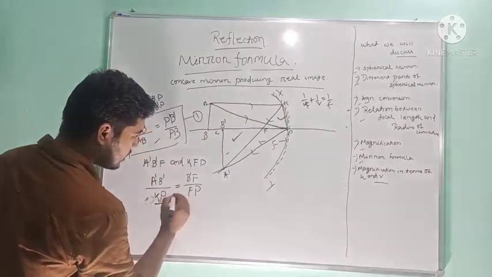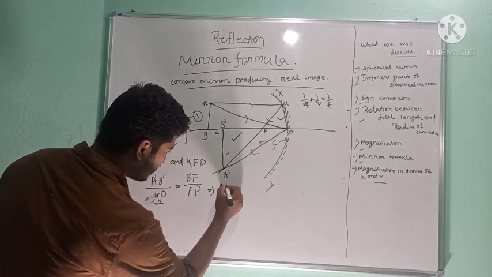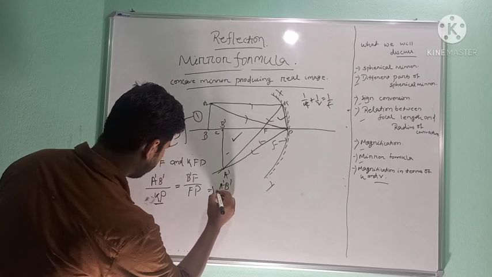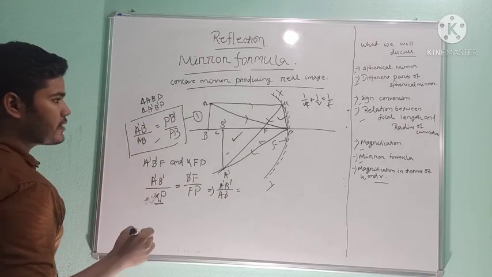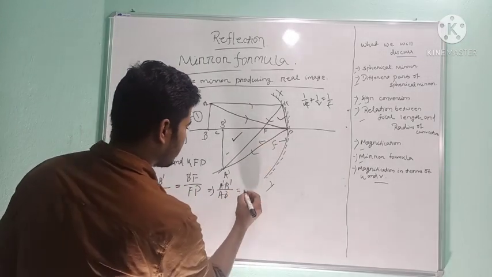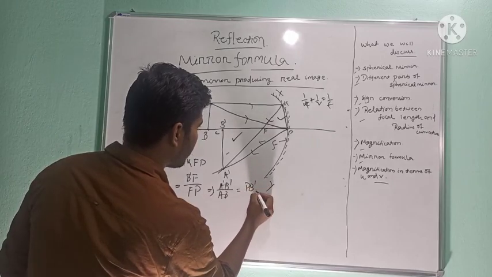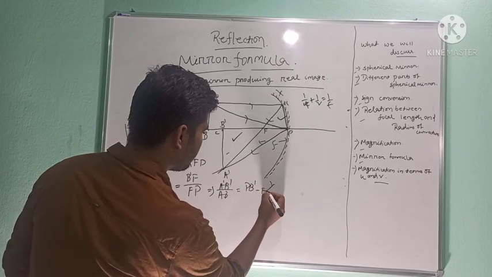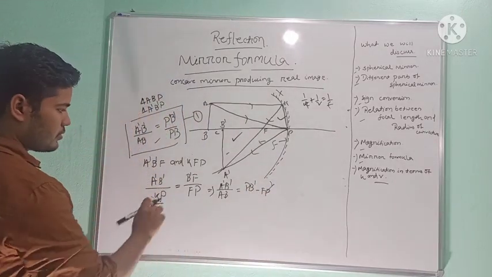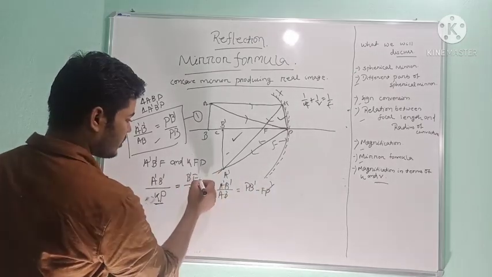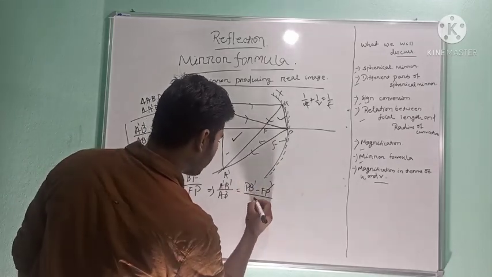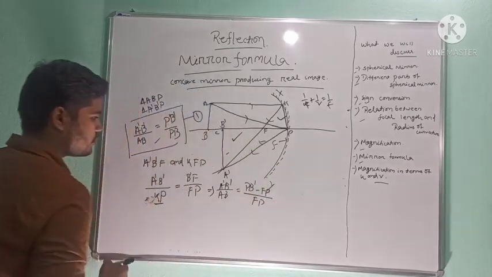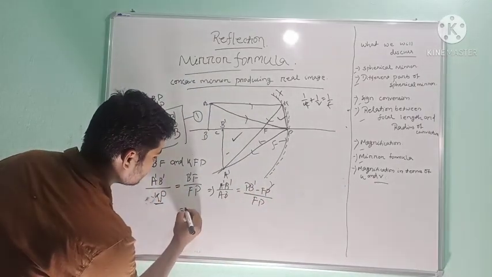So we can write A dash B dash by AB is equal to B dash F by FP, which we can write as PB dash minus FP by FP. It is the same thing, but we are writing in a different form to derive it.